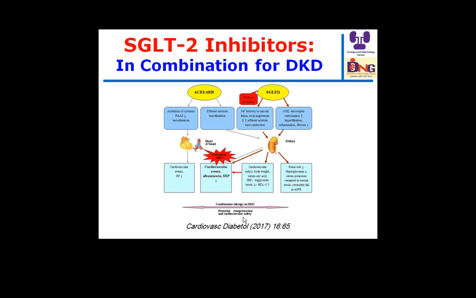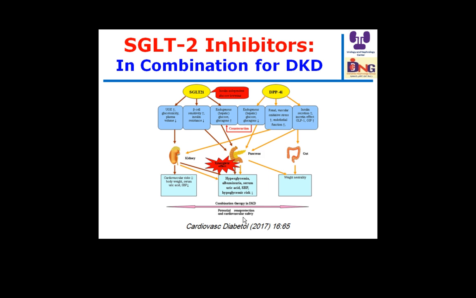Don't forget to use this combination properly. We should monitor kidney function and look at the use of diuretics. It's better not to use diuretics with this combination, and if any diuretic is added or the drug dose is increased, we should recheck kidney functions.